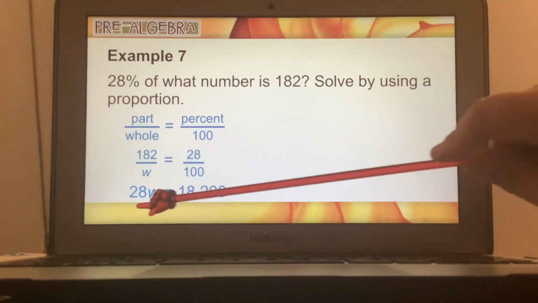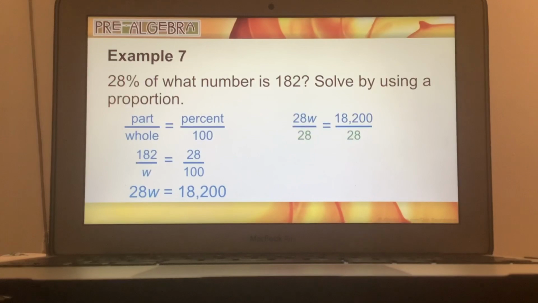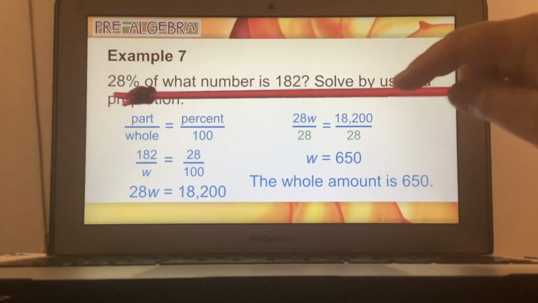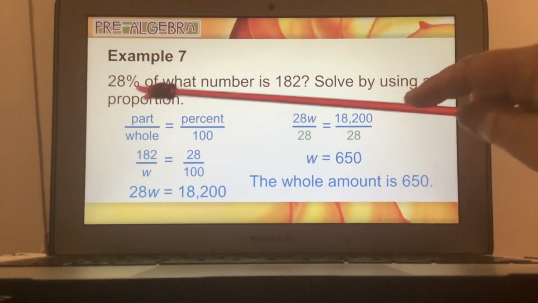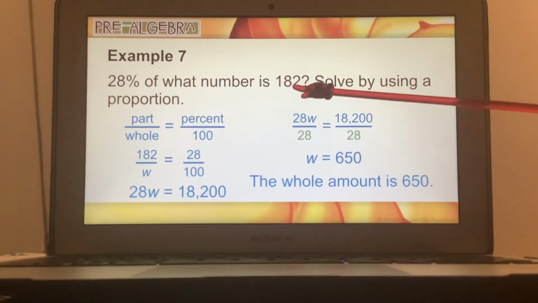Then you divide by 28 and your W is going to be 650. The whole amount is going to be 650. So if I plug that back into our statement, 28% of 650 is equal to 182.